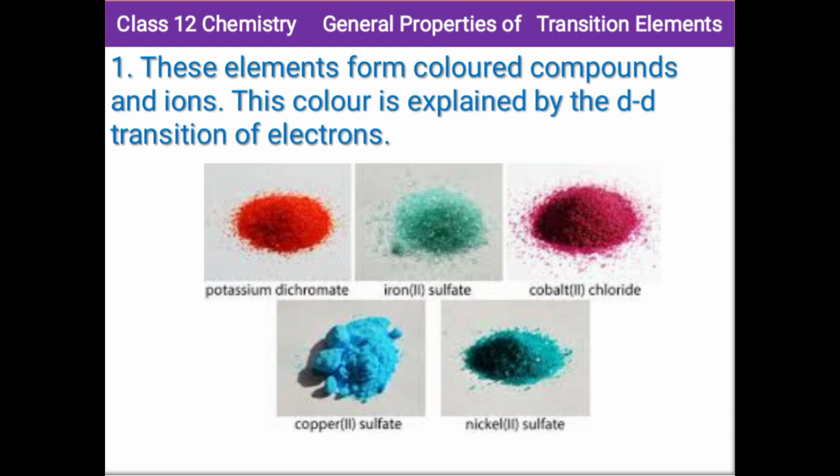When they come back, they emit certain radiations, and mostly these radiations are colored. For example, potassium dichromate is orange, iron sulfate is green, cobalt chloride is purple, and copper sulfate is blue. You can see these colors in the given diagram.